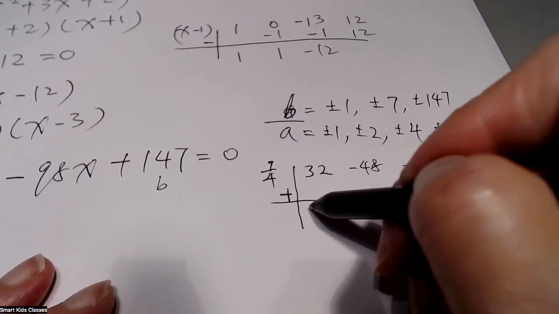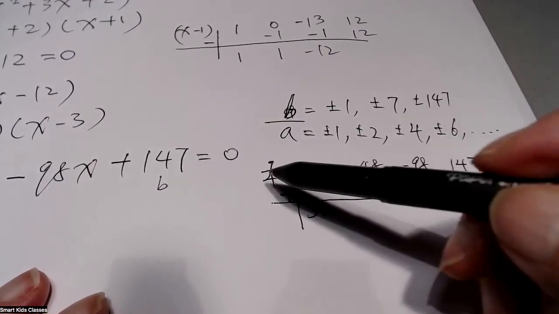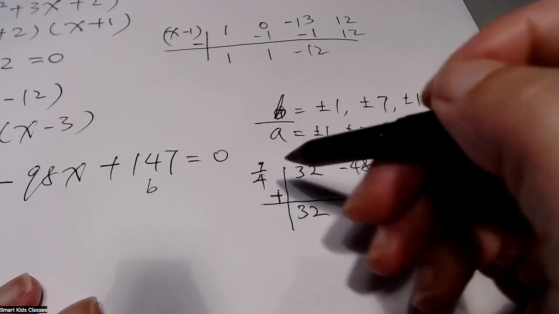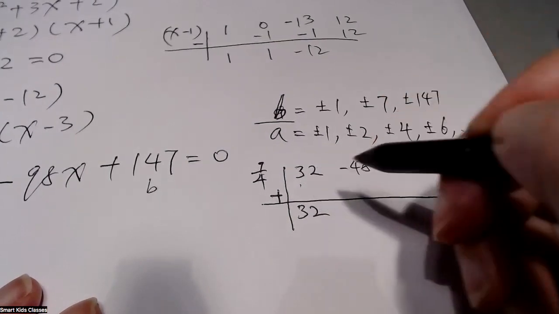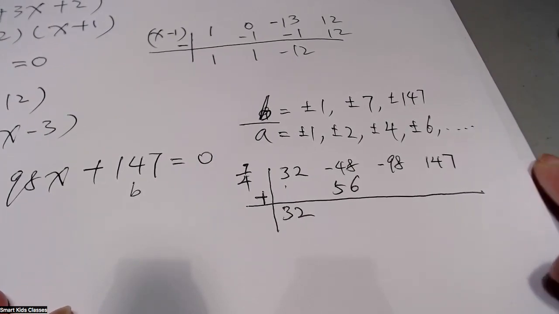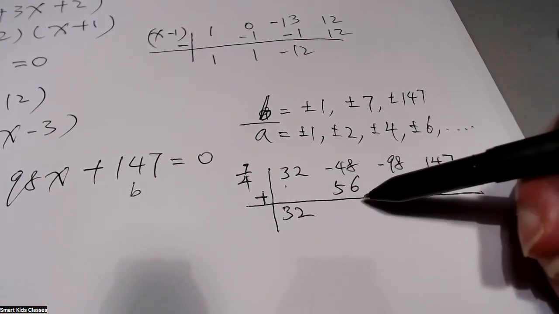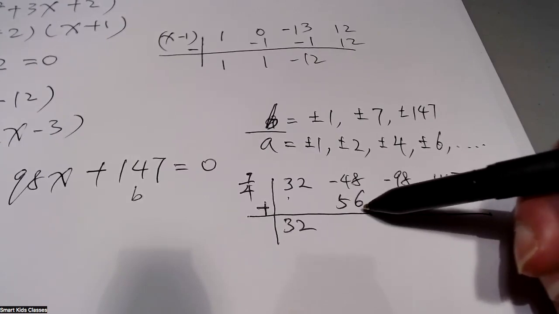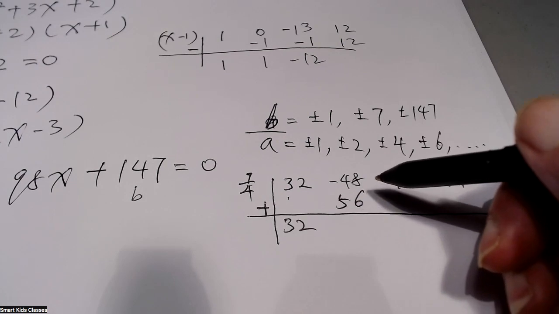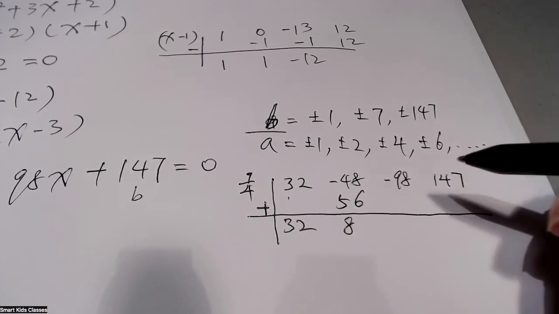So we bring 32 here. For 32 divided by 4, I got the 8. So 8 times 7 is 56. So I put 56 here. It will be a subtract. So 56 minus 48, I'm going to get positive 8.